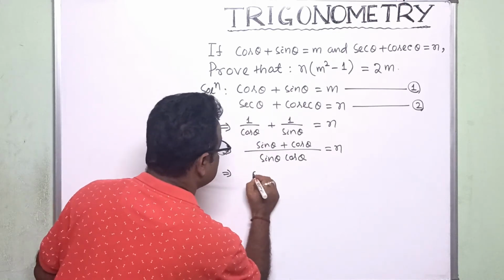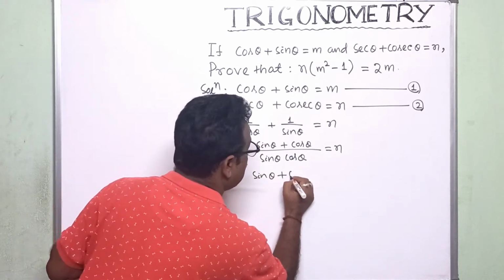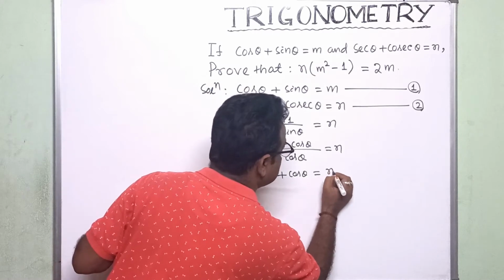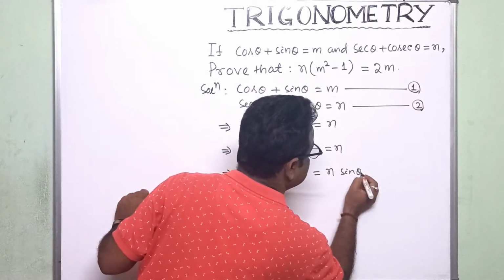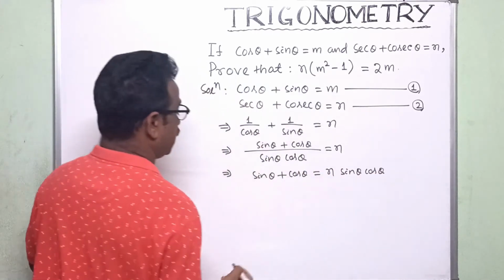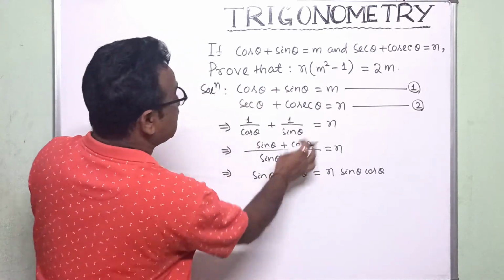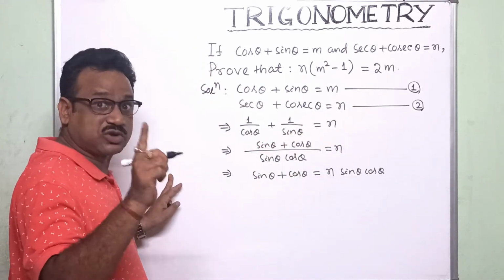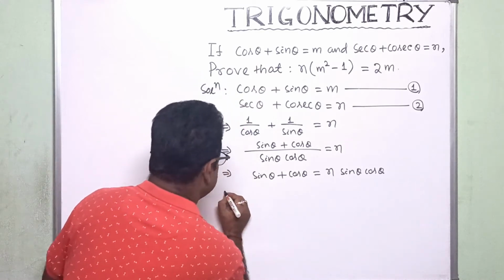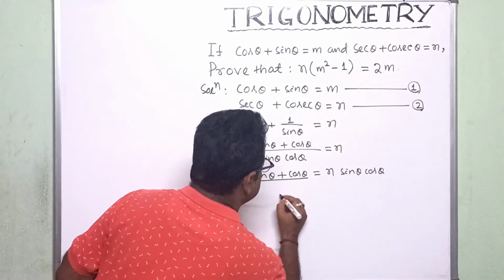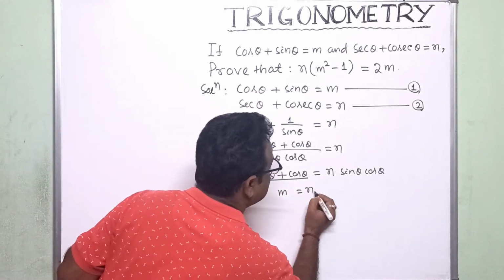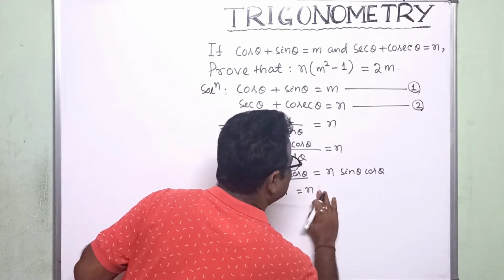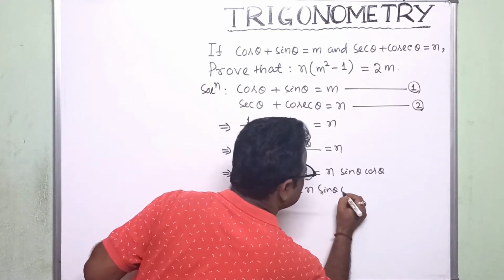That implies sin theta plus cos theta is equal to n sin theta cos theta. Sin theta plus cos theta is m, given in equation 1. So I can write here, instead of sin theta cos theta, m is equal to n into sin theta cos theta.